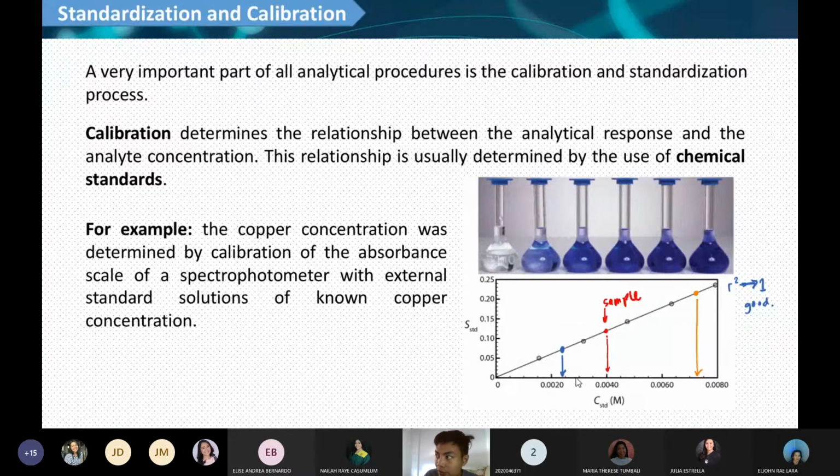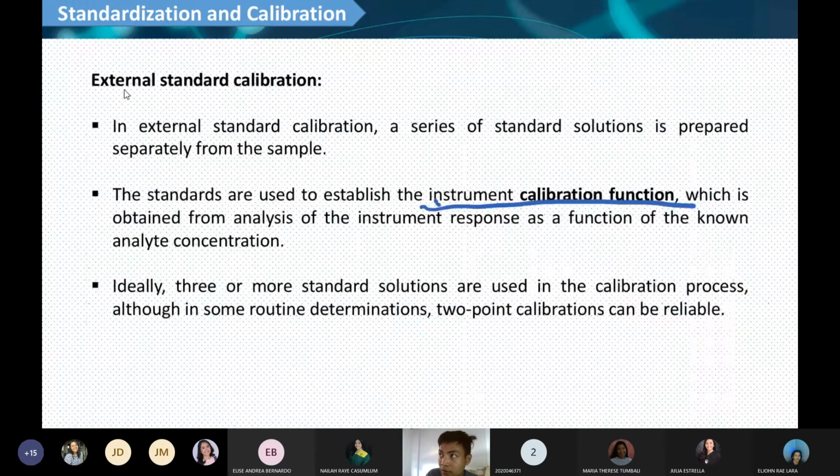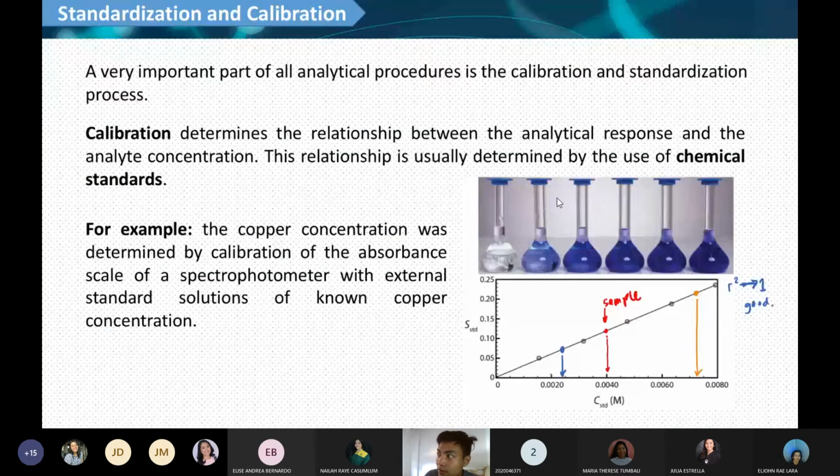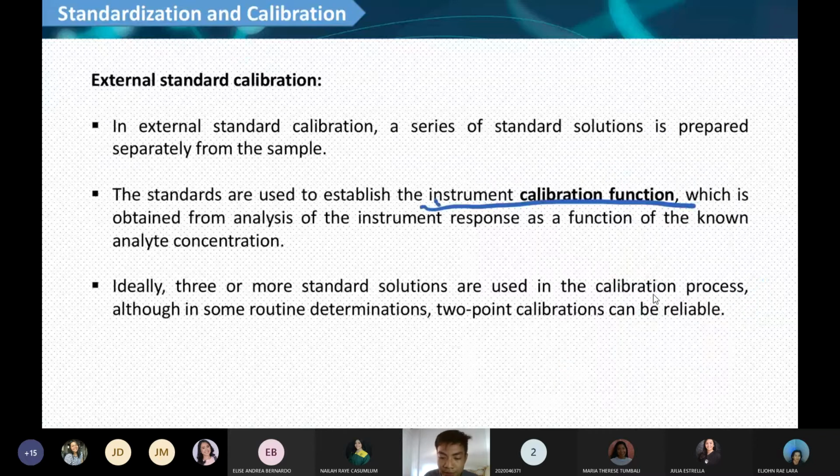So, yung process na kwento ko kanina, yun lang din yun. Okay? So, gagawin mo again, you have your external standard. Ito yon. You will do the regression. And then, you read your sample. Hanapin mo siya sa graph. No? Asan siya dyan? Sa line. Okay? So, that's the external standard calibration.